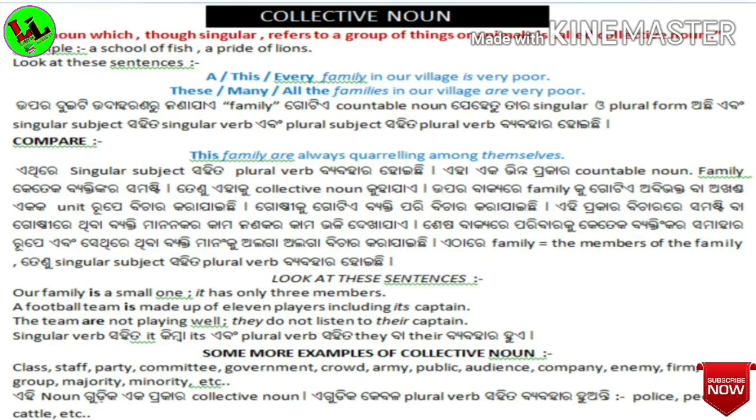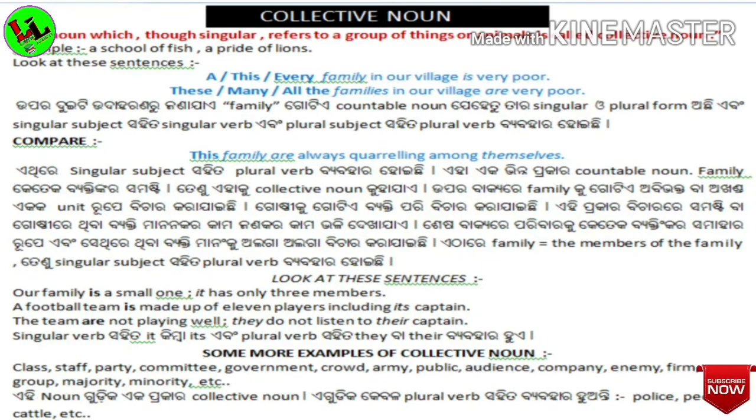For example, a school of fish, a pride of lions, and we can take some more examples like class, staff, party, committee, government, crowd, army, public, audience, company, enemy, farm, group, majority, minority. These are all examples of collective nouns.